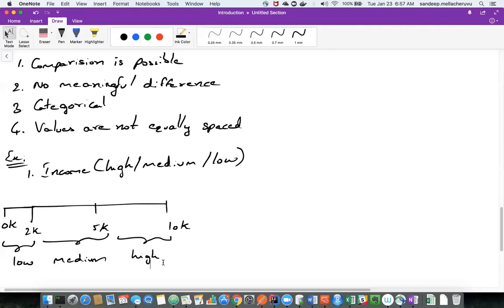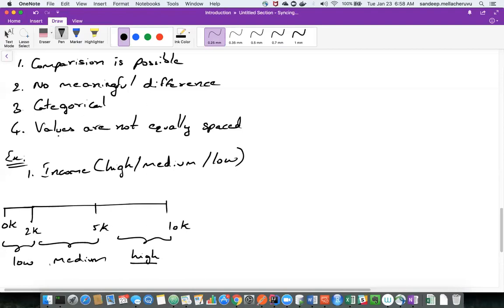Now, the question is the difference between medium values and low values, are you expecting it to be equal to difference between high and medium? Is that clear? Are they equally spaced? Actually, this is only 2K difference, and the size of the medium income is 3K, and size of the high income group is 5K.